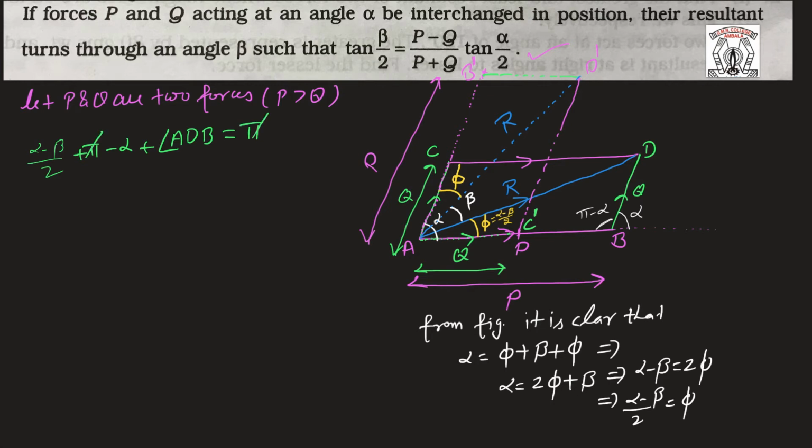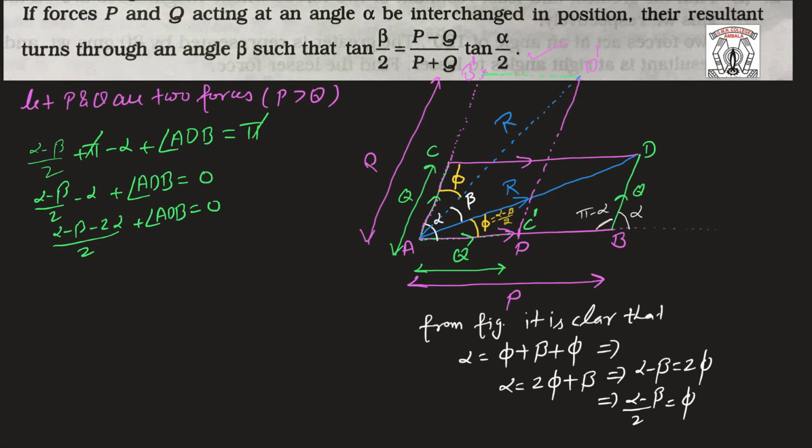This implies alpha minus beta minus 2 alpha, divided by 2, plus angle ADB is equal to 0.